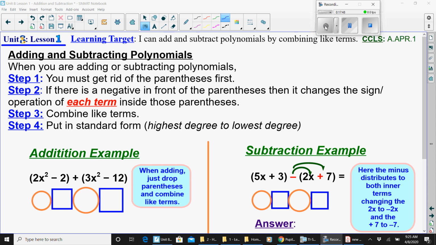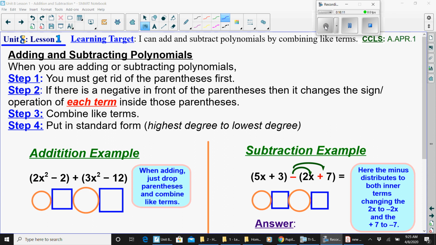So now we're going to go into adding and subtracting polynomials, which is pretty easy, actually. It's just combining like terms. We have a whole bunch of steps here for you. You must get rid of the parentheses first. I like to do this as well. If there is a negative in front of the parentheses, it changes the sign operation of each term inside those parentheses.